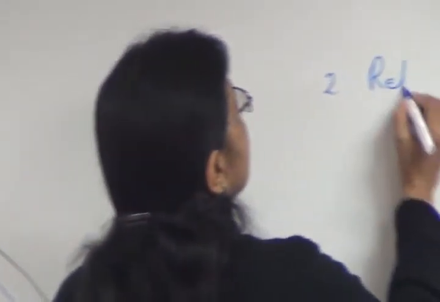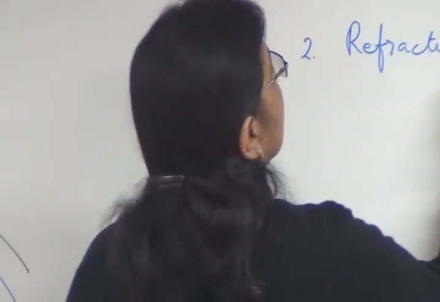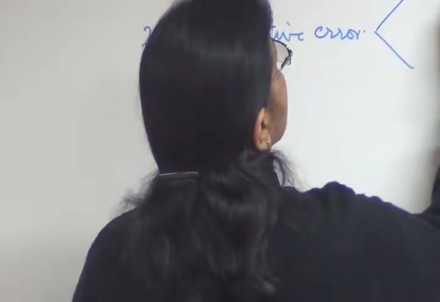The second problem is that the rays are not being allowed to focus properly. That means they are being refracted in an improper way. So that is a refractive error, and the causes of refractive error usually may be in the cornea, sometimes in the lens.